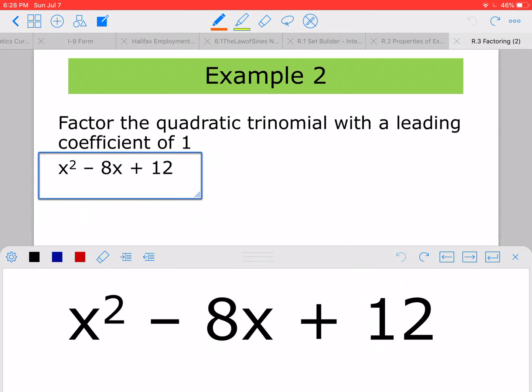Okay? So, since there is just a leading coefficient of 1, then we don't need to factor by grouping. You can, but you don't need to.